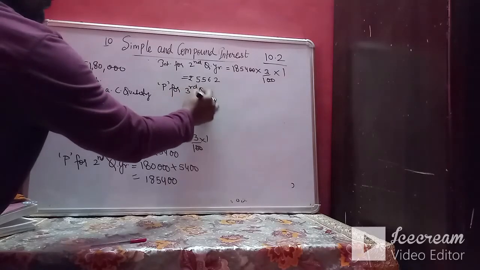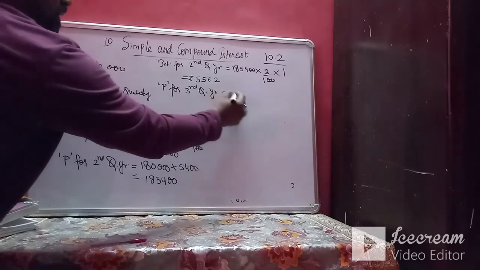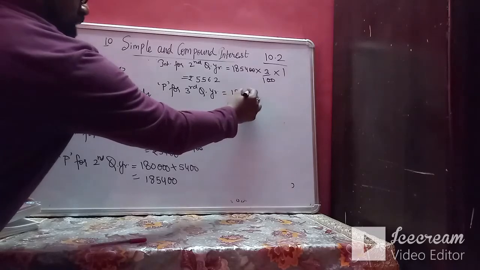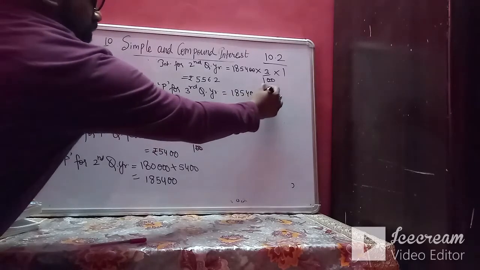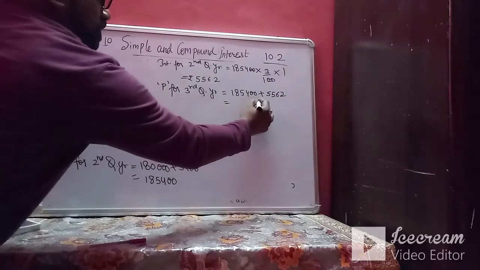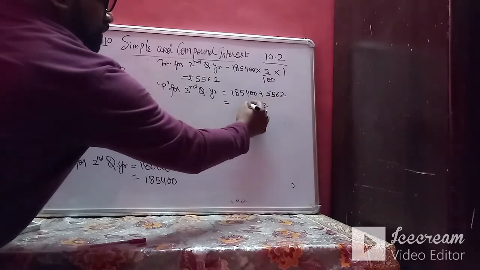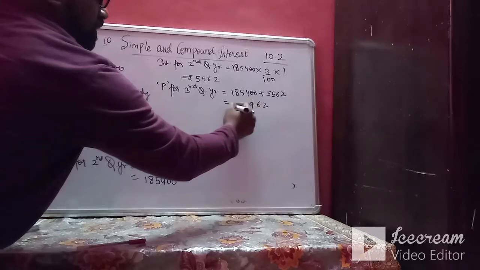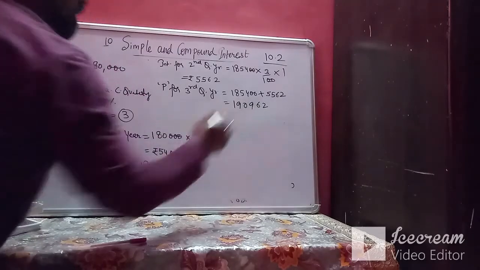Okay, then we will calculate P for the third. This is our last calculation, third quarter year, that is 185,400 plus 5562, that is 190,962.